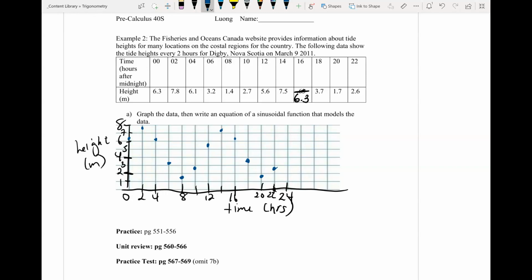So I'm going to go ahead and connect these points, or data points, and we're going to have an approximate sinusoidal graph here. Okay, and that's it. So that is our graph.